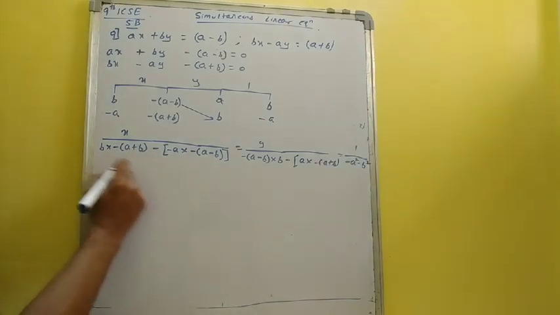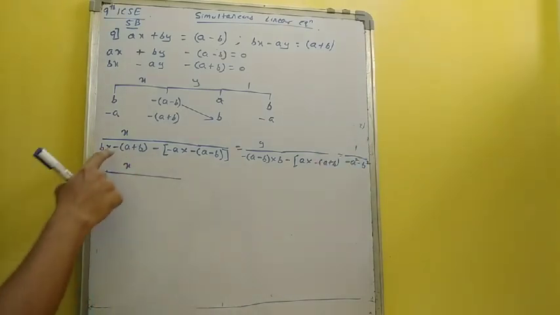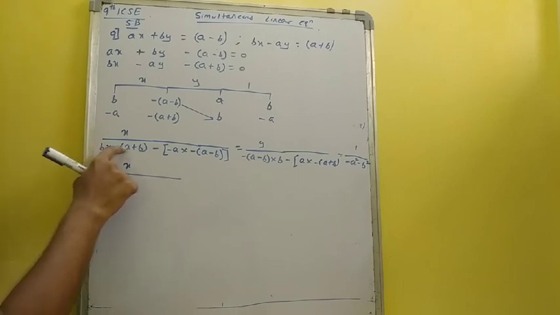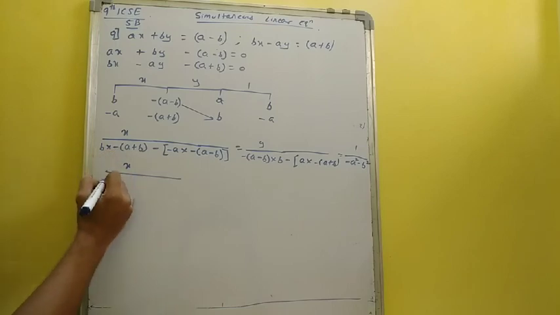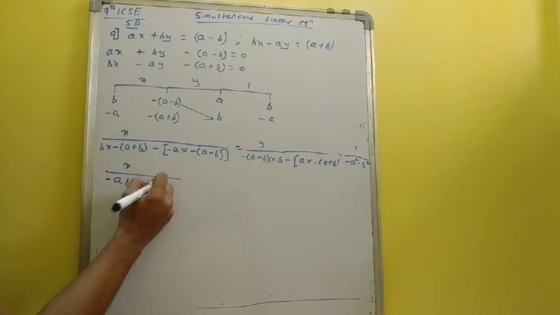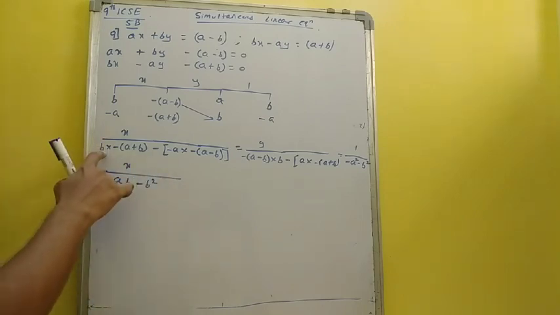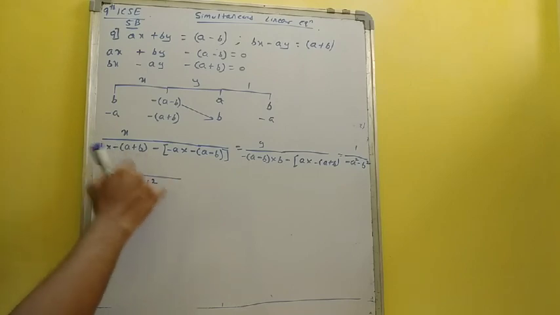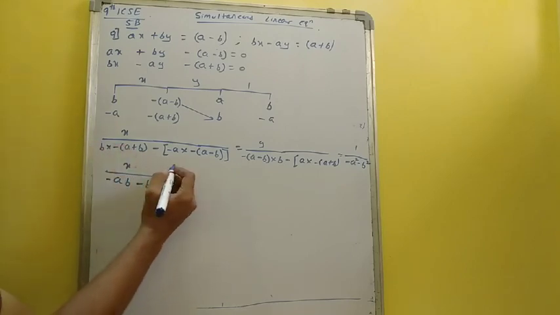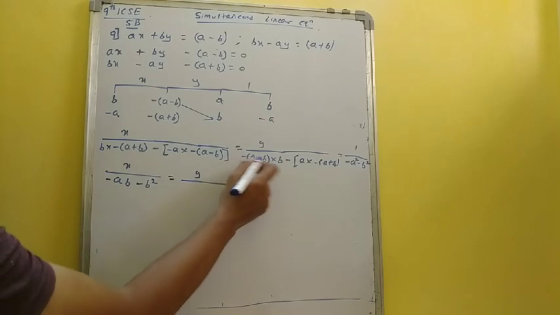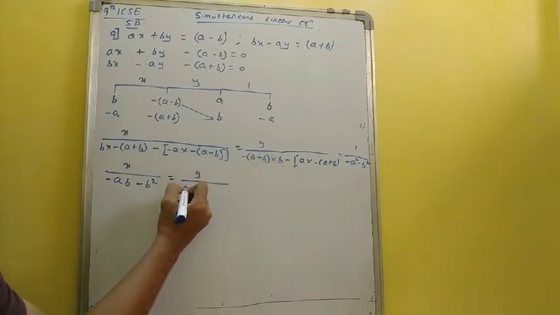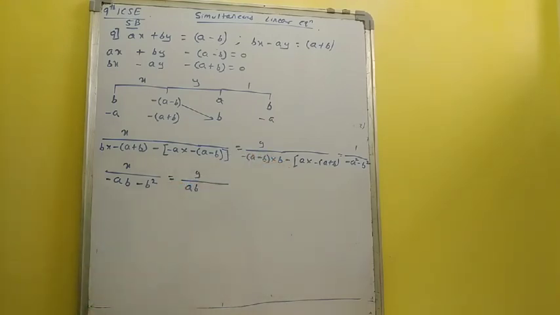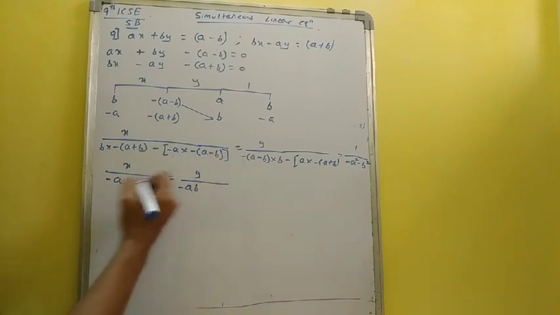Okay, so x upon, then I will open the brackets, b, then minus a with b, b into a, it is ab, so it will be minus ab minus b square. Now for y, b into a, ab with this minus sign.